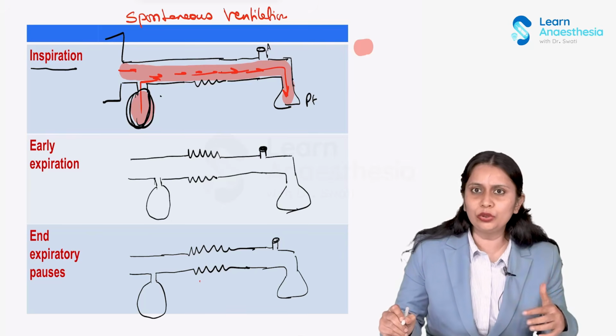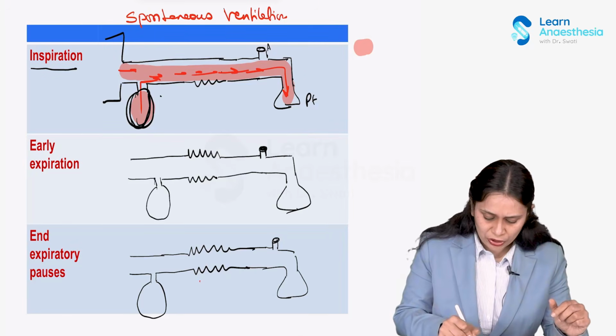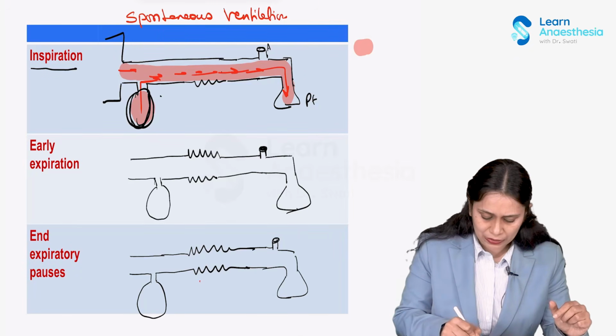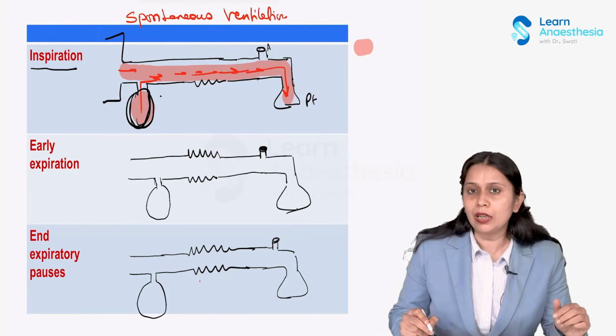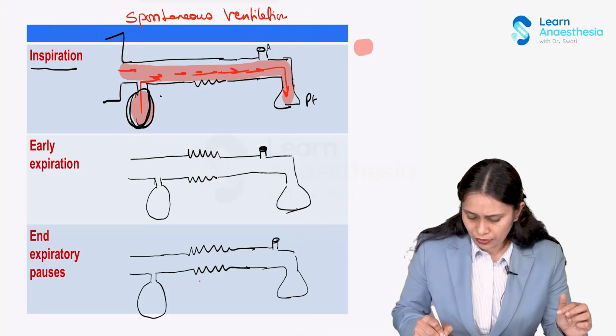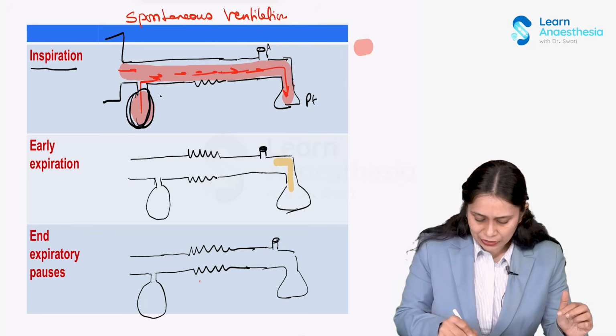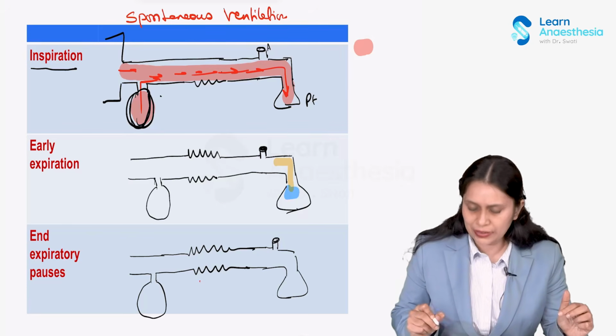Now the patient goes into expiration. When the patient expires, the expiratory gas will come out. The first gas which comes out of the airway is your dead space gas. So first the dead space gas comes, and then later on the alveolar gas will come.